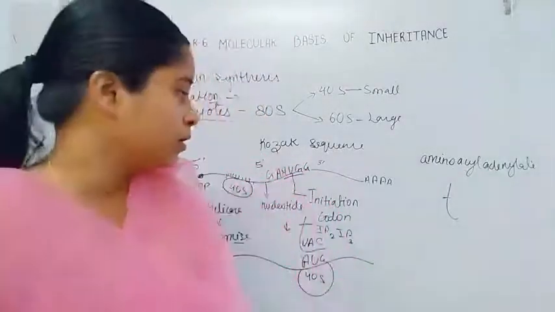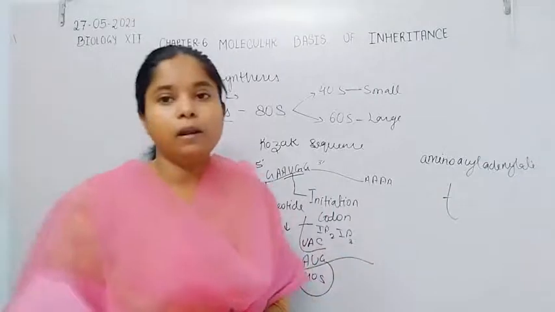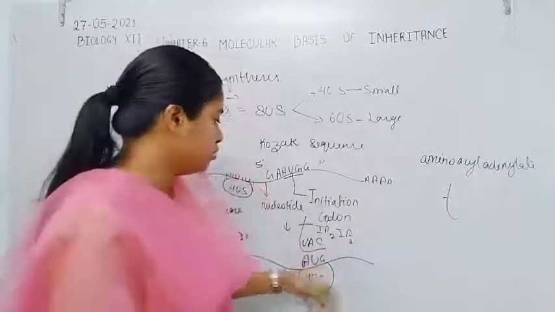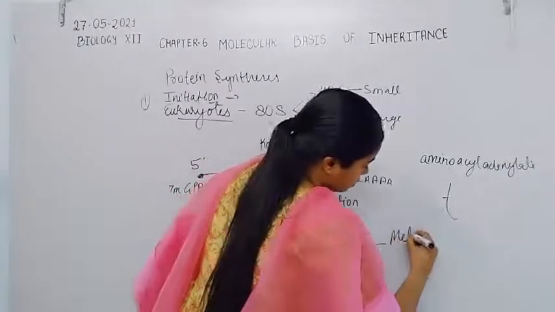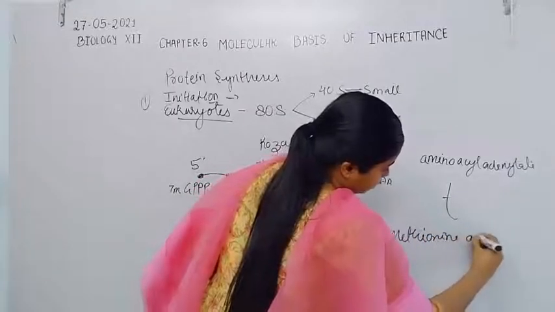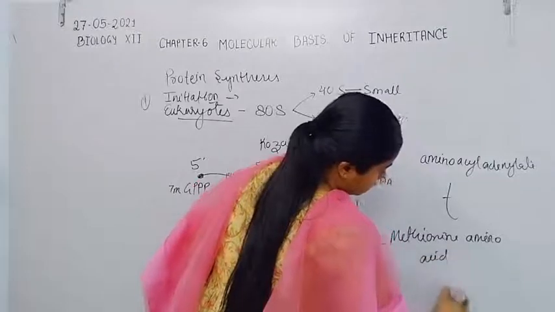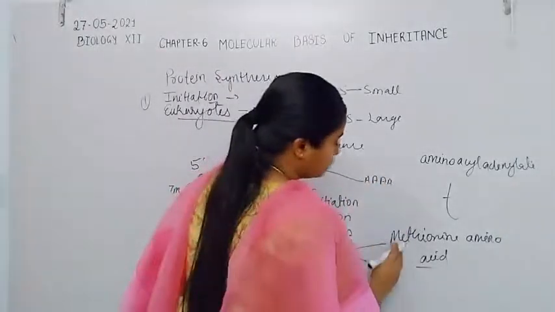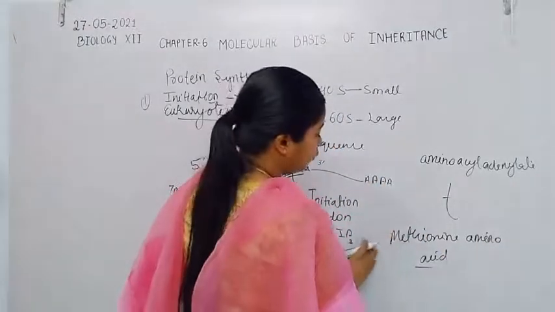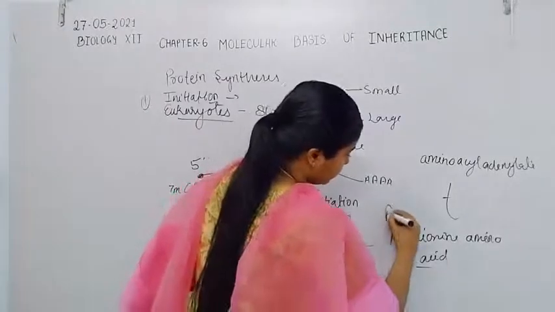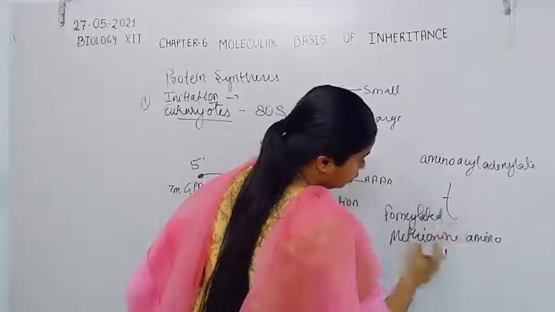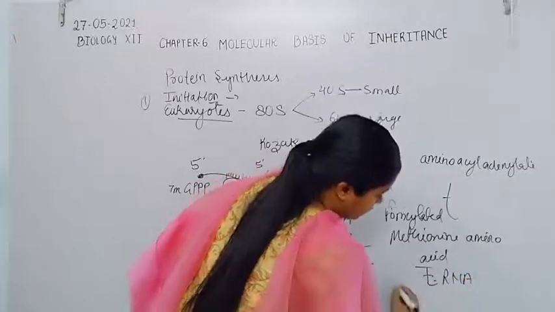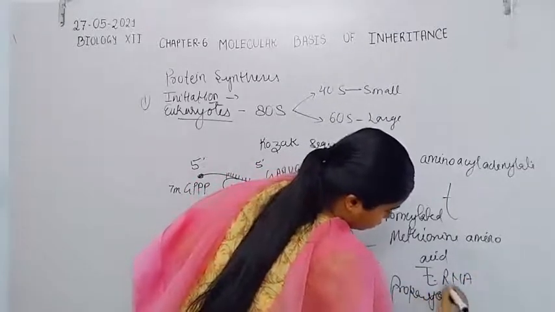In prokaryotes, formyl methionine binds at this region as the first amino acid, because AUG codes for methionine. The formylated methionine binds with the tRNA in prokaryotes.